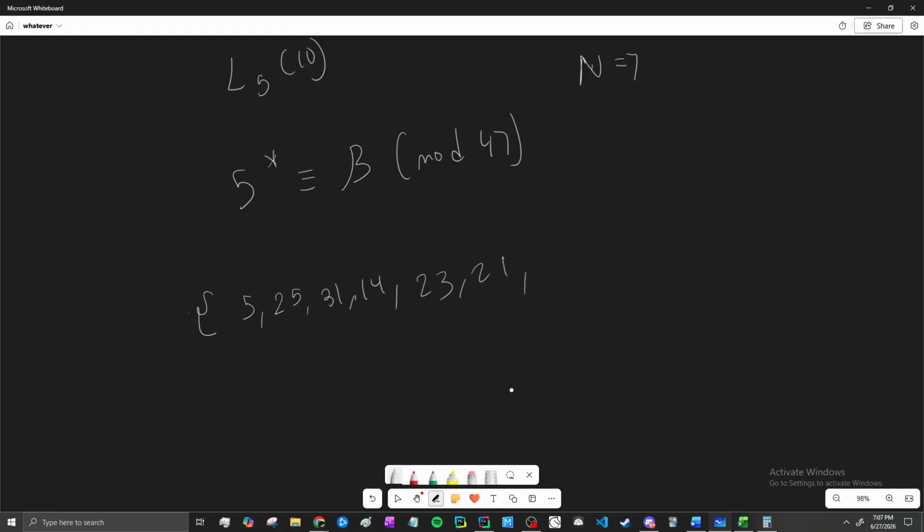I'm using a calculator, by the way. And last but not least, 5 to the power 7, which I don't know instinctively. It's going to be 11.